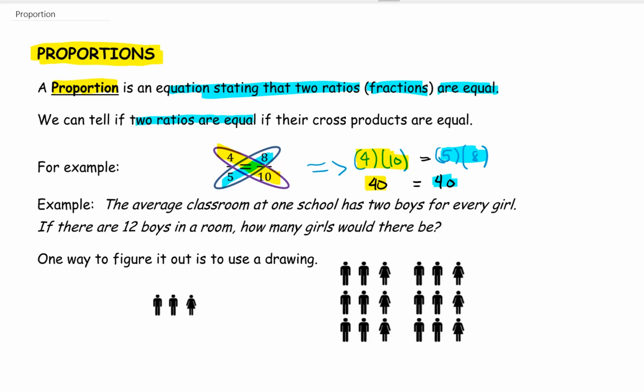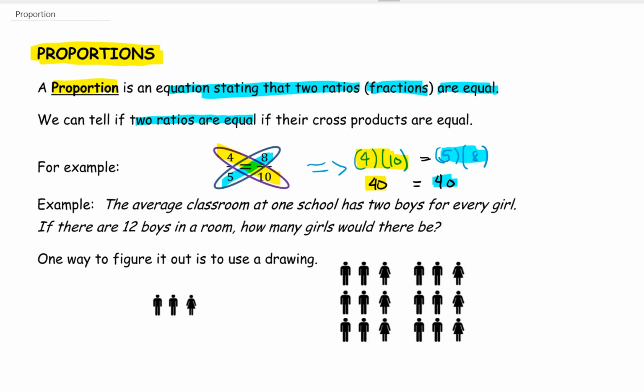So how do we use proportion in answering some questions? Well, if you can see here, in our two ratios of the example above, 4 over 5 and 8 over 10, you have four numbers there.